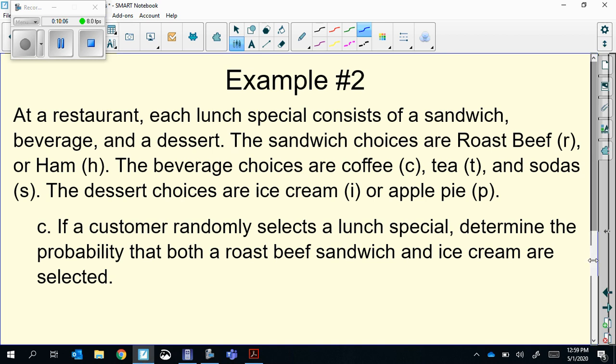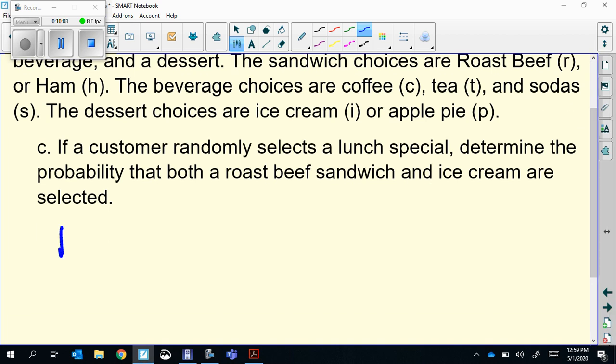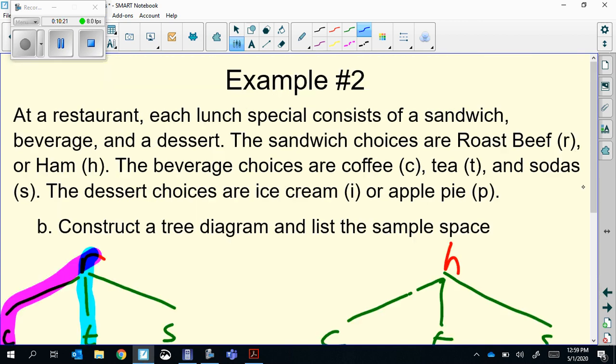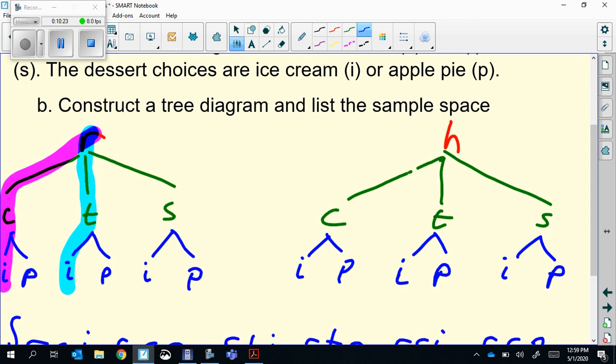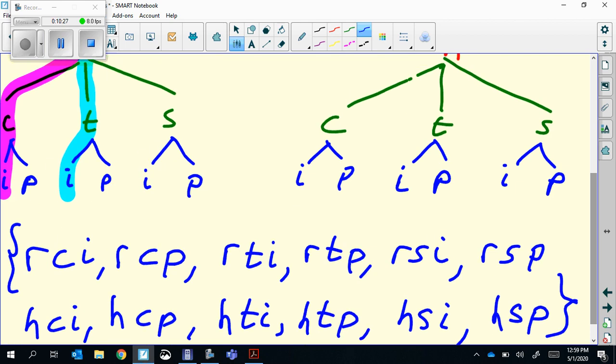So we're looking for the probability of roast beef and ice cream. So it has to have all of those. So we know that there are 12 outcomes because we just listed all 12 of them. And now we're going to look and see how many of them have roast beef and ice cream. So looking back here, we have roast beef, ice cream, this doesn't have it.